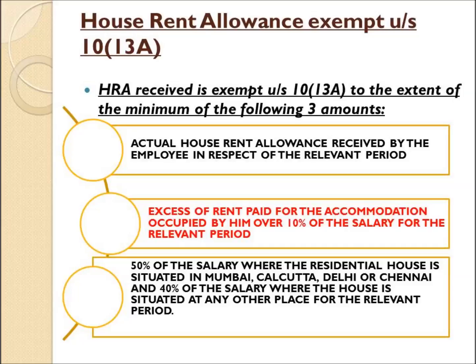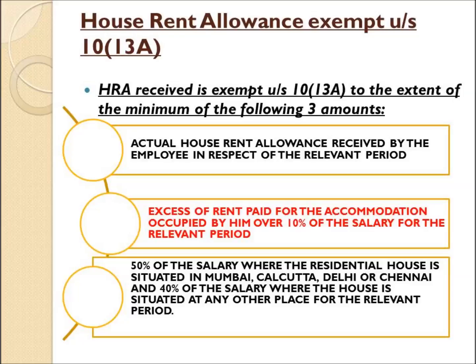Number 1 is actual house rent allowance received by the employee in respect of the relevant period. Number 2 is excess of rent paid for the accommodation occupied by him over 10% of the salary for the relevant period. So, the mathematical expression for this definition will be the rent paid by the employee minus 10% of the salary.